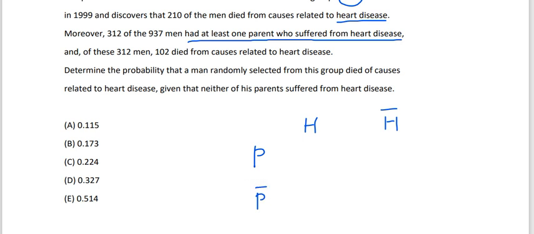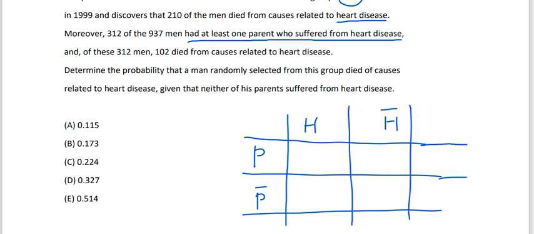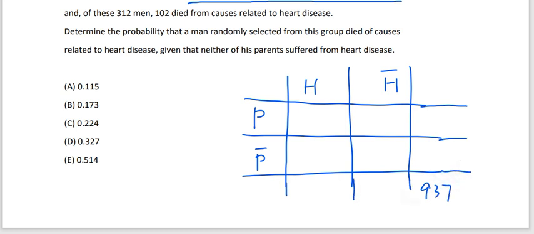So we have these two factors. Now we can easily totally separate those 937 people into parts.